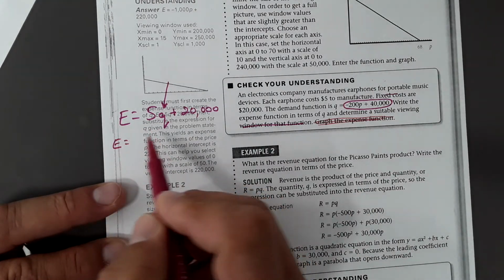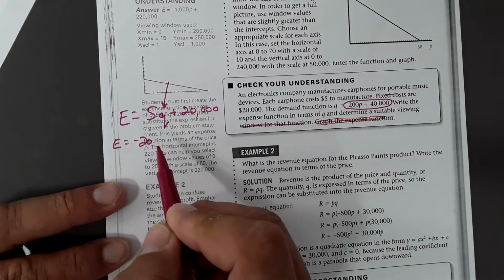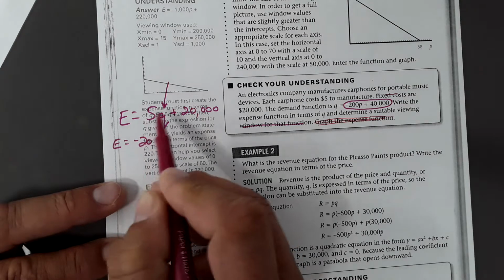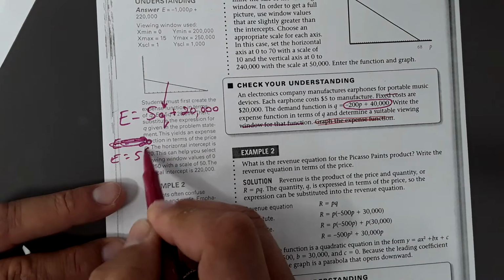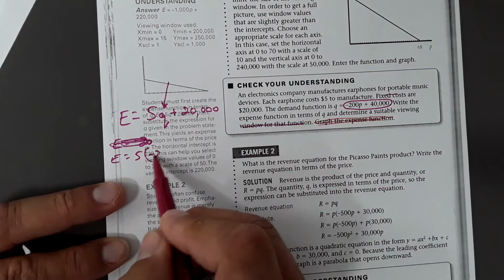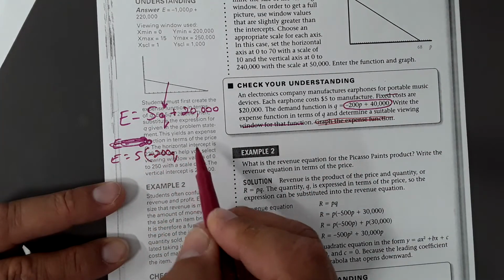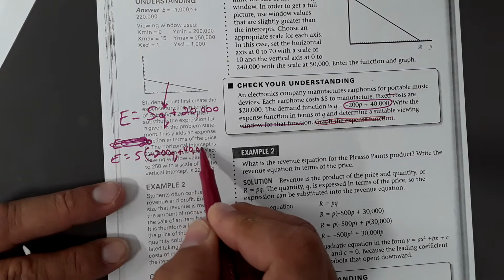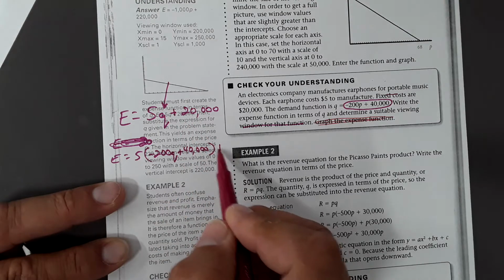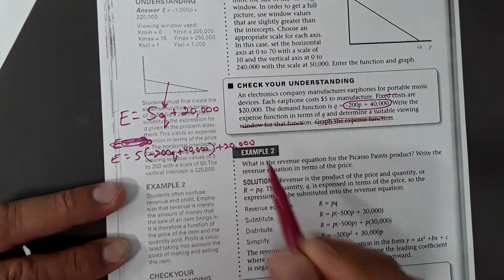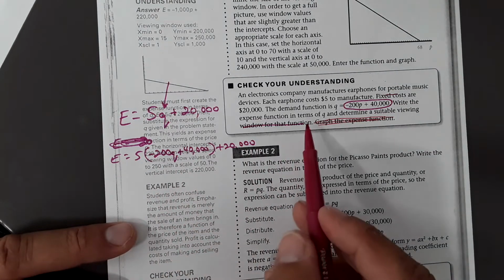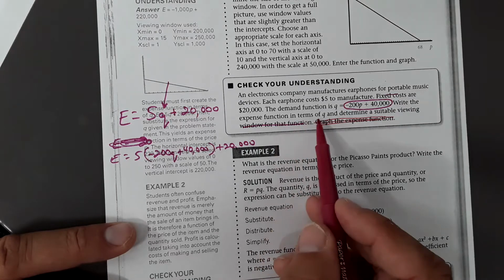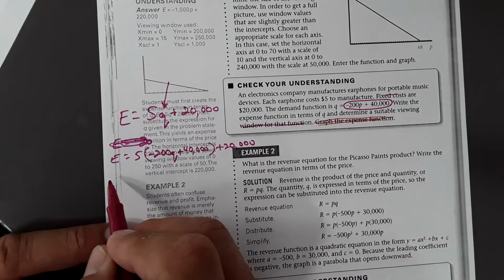So my expense function is 5 times Q, which is negative 200P plus 40,000, plus the 20,000. And all I have to do now is just simplify this, and that will give me the expense function.